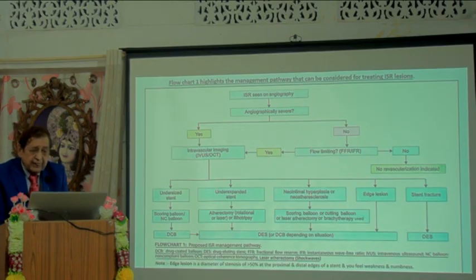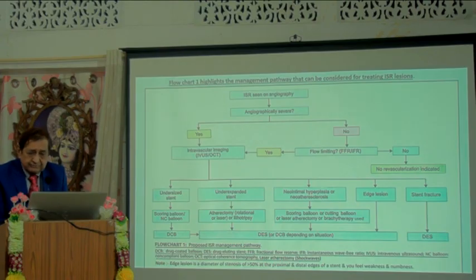If you see in IVUS or OCT neointimal hyperplasia or neoatherosclerosis, then go for scoring balloon or cutting balloon, or laser atherectomy or brachytherapy should be used.